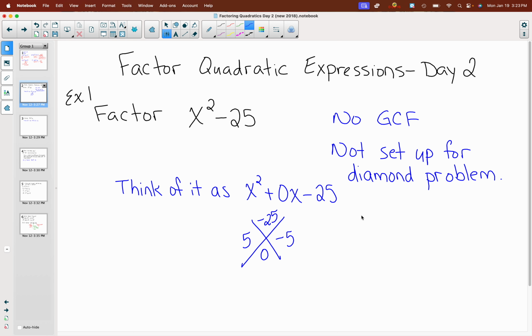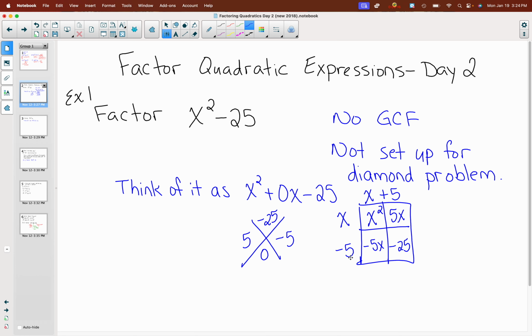Now, you could do the box. This would be a situation where I wouldn't have to, but let me just show you how that would work. My x squared here, my -25 here. Remember, this tells me how to break up the x's, so I would have a 5x and a -5x. So if I pull out my GCF here, I have an x. This would have to be an x to make that work. This would have to be a +5 to make that work.